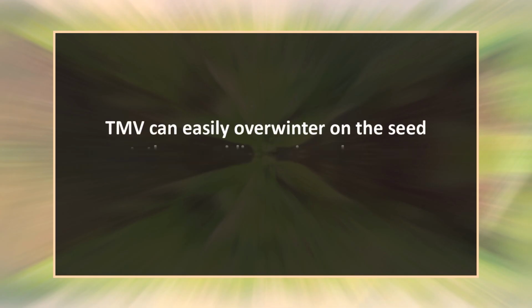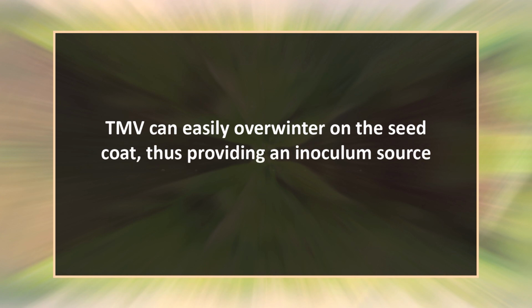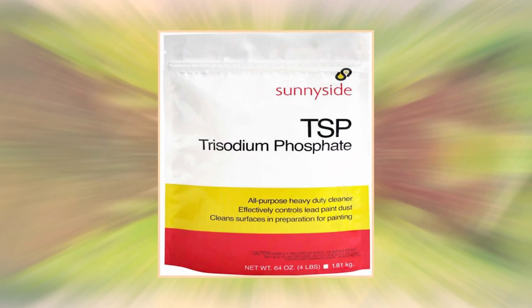Tobacco mosaic virus can easily overwinter on the seed coat, thus providing an inoculum source for the next planting cycle. Therefore, it is important to treat tobacco mosaic virus contaminated tobacco seed with a 10% solution of trisodium phosphate for 15 minutes.